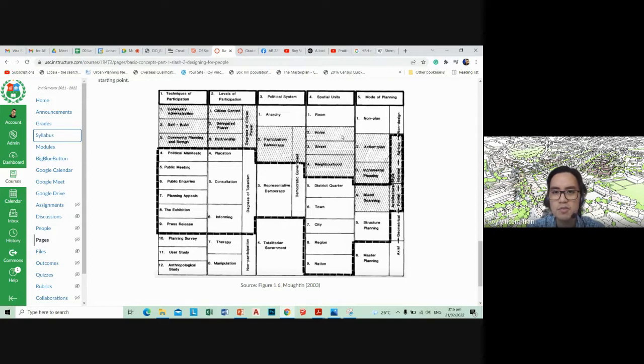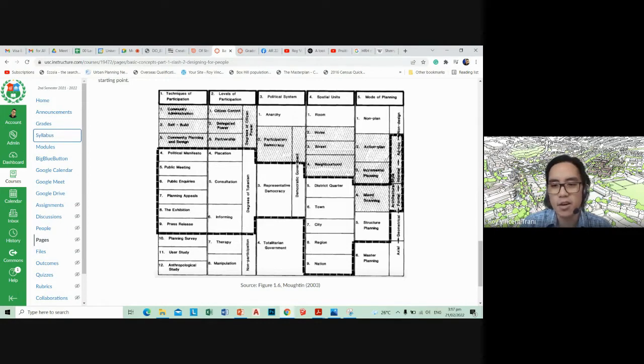The spatial units focus will be housing, street design, and neighborhood design, and the modes of planning should be action plans and incremental planning. So remember, we talked about last week where Camilo Sitte advocated for incremental planning, more step by step and not large master plans out of nowhere, similar to what's happening with Cebu's carbon market.